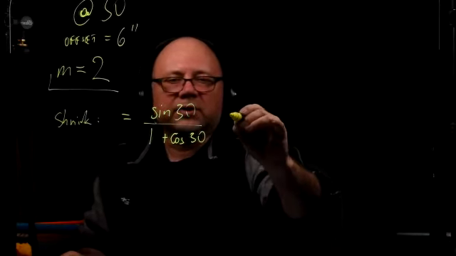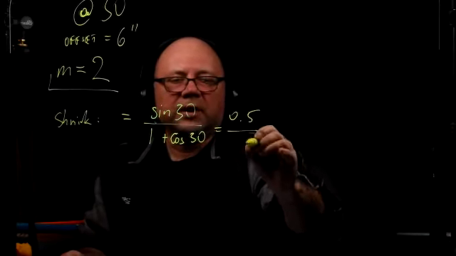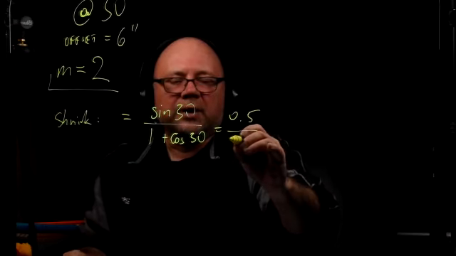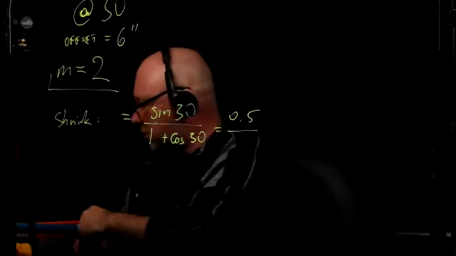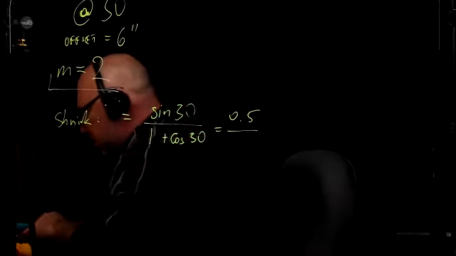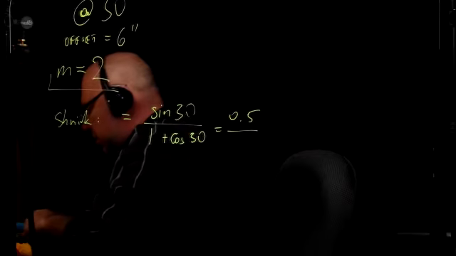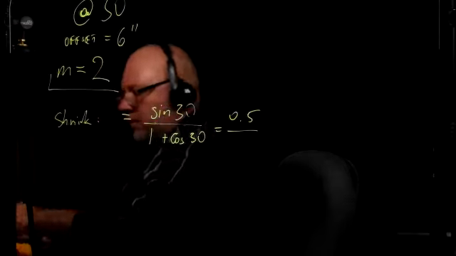So let's quickly do it: 0.5 divided by 1 plus cosine 30, which is 0.87.